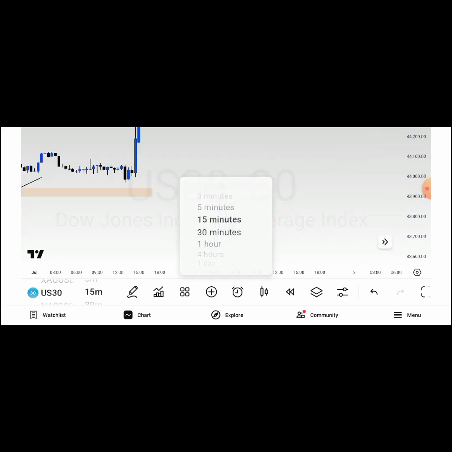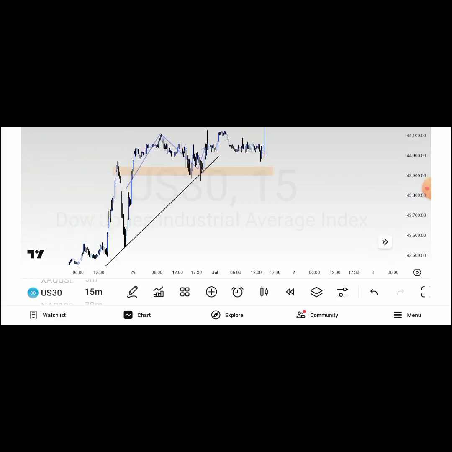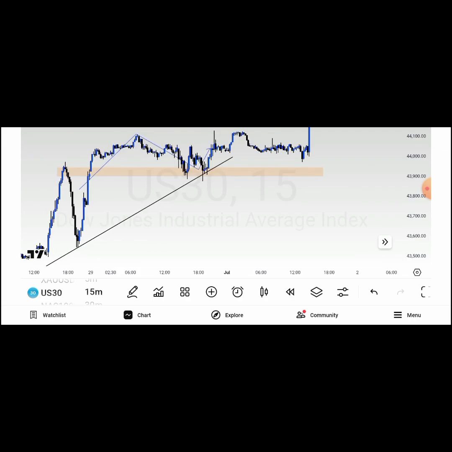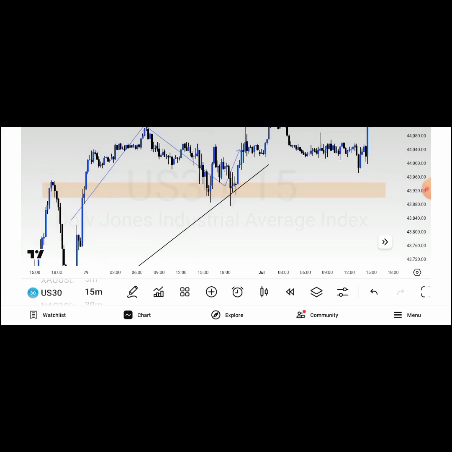So let's go down to the smaller time frame. Remember, I'm a day trader, so let's go down to the smaller time frame to see what happened there. Now, there's something called weak rejection, where I've told you what weak is. Once the market came here, it touched it, it wicked up. Are you seeing it now?